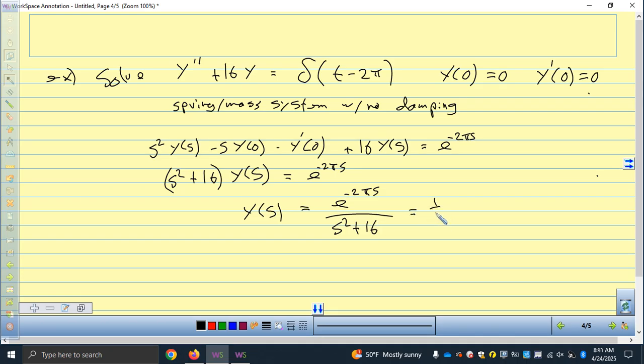This is 1/4 of 4 e to the minus 2 pi s over s squared plus 16. So we have a 4 over s squared plus 16. That gives us a sine. And we have an e to the minus 2 pi s. So that gives us our unit step function.